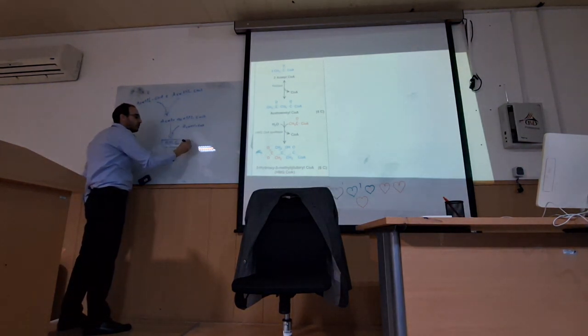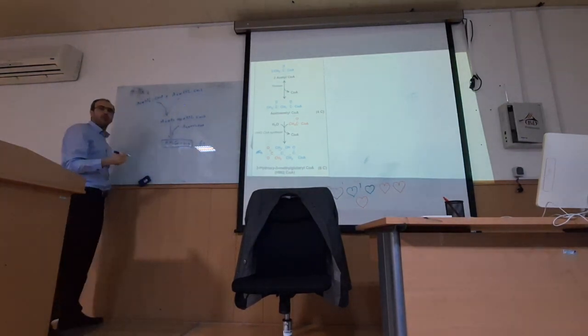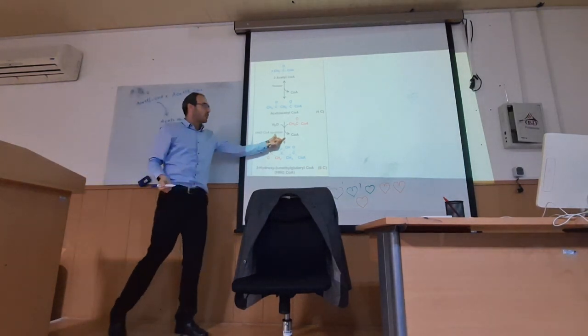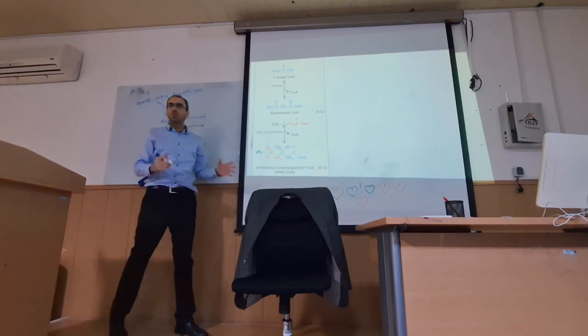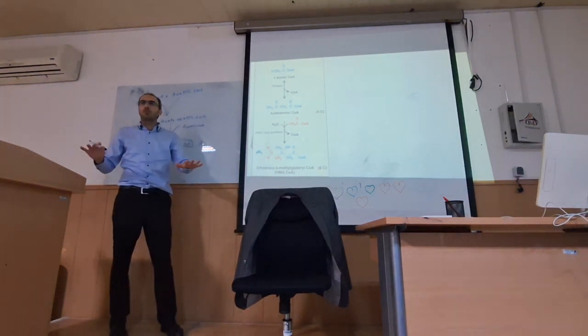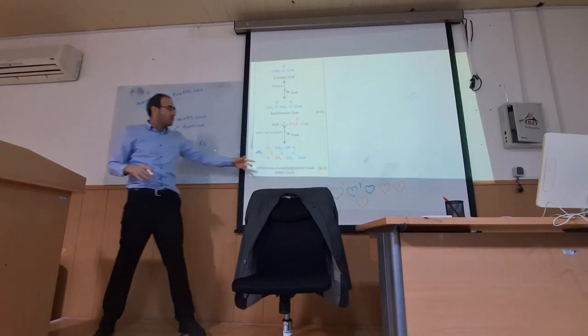HMG has how many carbons? 6 carbons, because 3 molecules of acetyl-CoA were added. What is the name of the enzyme here? HMG-CoA synthase. So till here, for ketogenic it is also similar. We combine 3 molecules of acetyl-CoA and produce HMG-CoA.